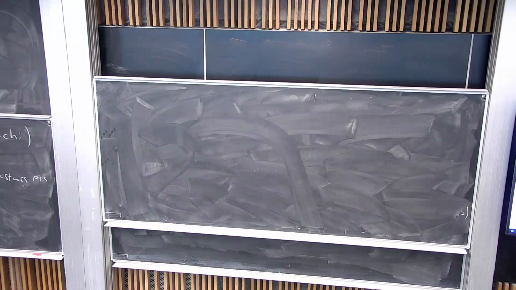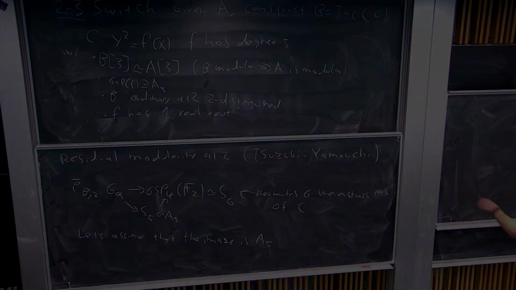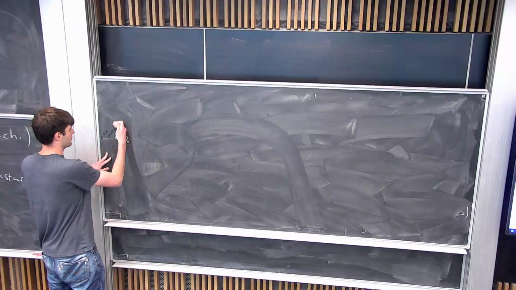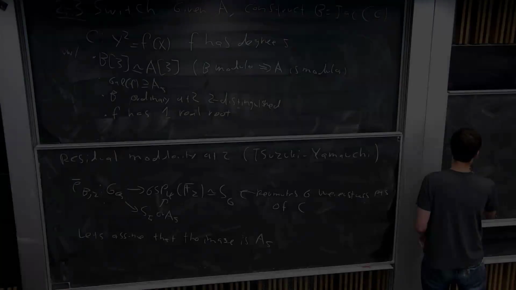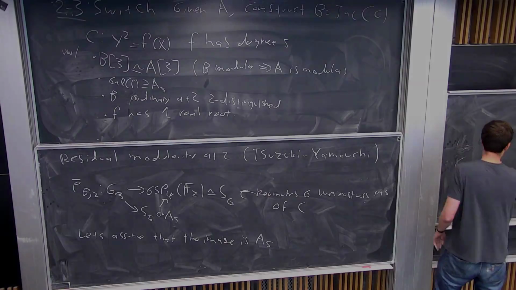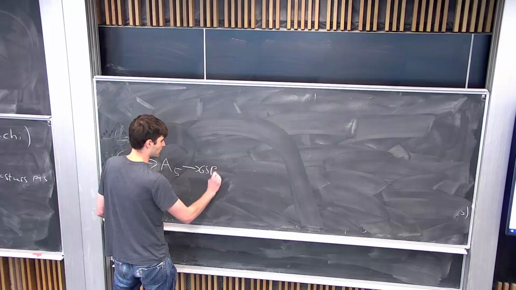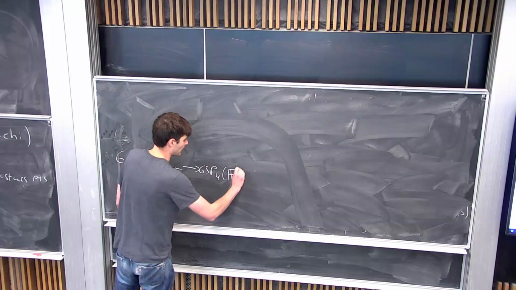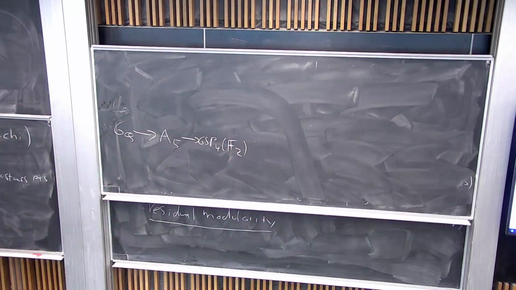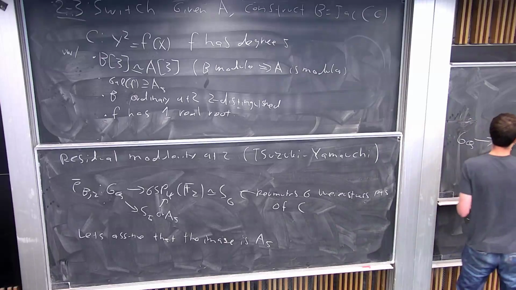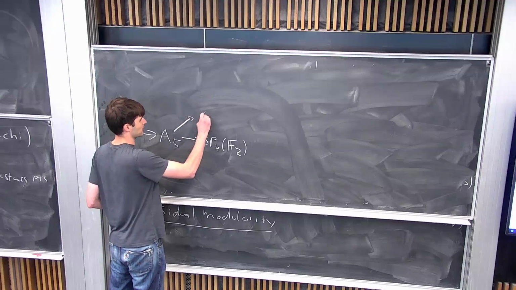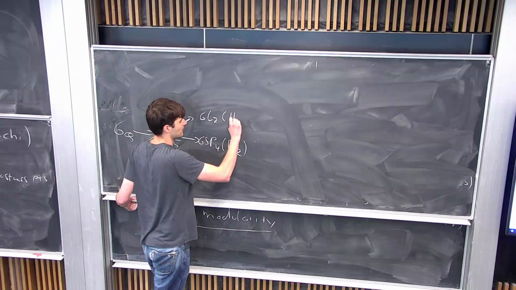Now what? Well, okay, so I'm going to draw some diagram. So we have the Galois group, a bit bigger. We have the Galois group of Q. I've assumed that it acts through A5. But now A5 also has a 2-dimensional mod 2 representation. Actually, it has 2 of them.